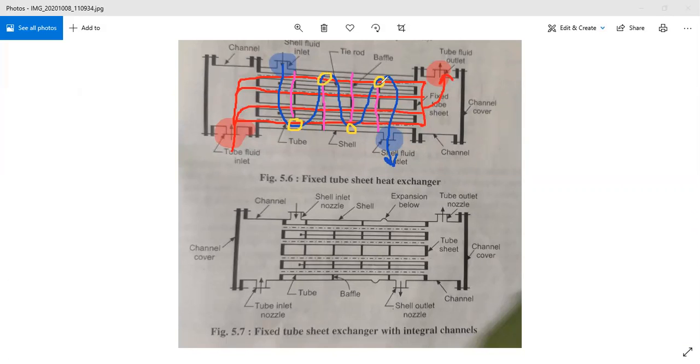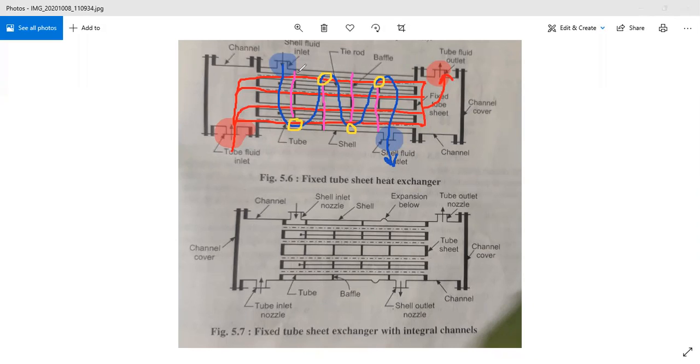So this space is intentionally provided with the help of this baffle arrangement to pass this shell side fluid in the zigzag direction, right? So these baffles, which normally have a cut of 25% part, are called 25% cut segmental baffle, or also called 75% segmental baffle.